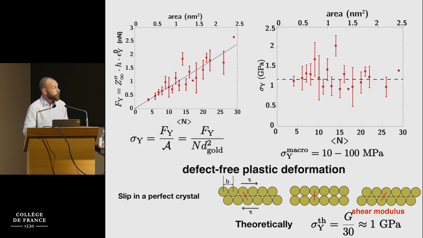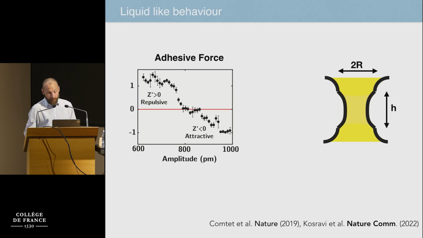And the way to understand this was basically that all the deformation here is not mediated by defects, because the system is perfect, but is only mediated by reorganization of the atomic planes. And what was again quite interesting for us was what is happening at very large amplitude, when you observe a transition between a positive Z prime and a negative Z prime.